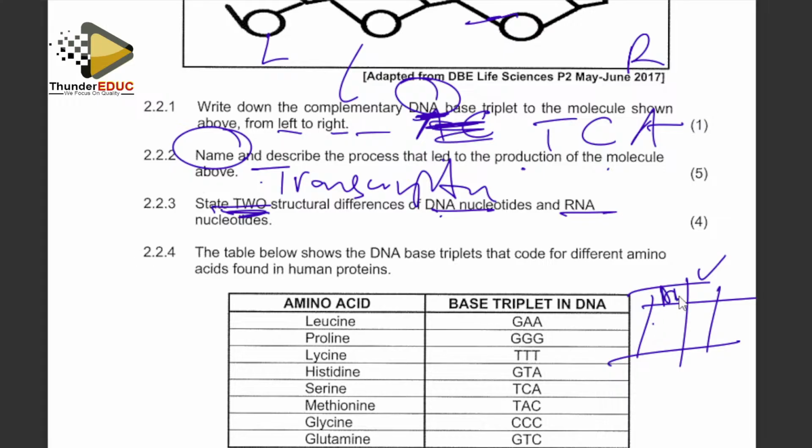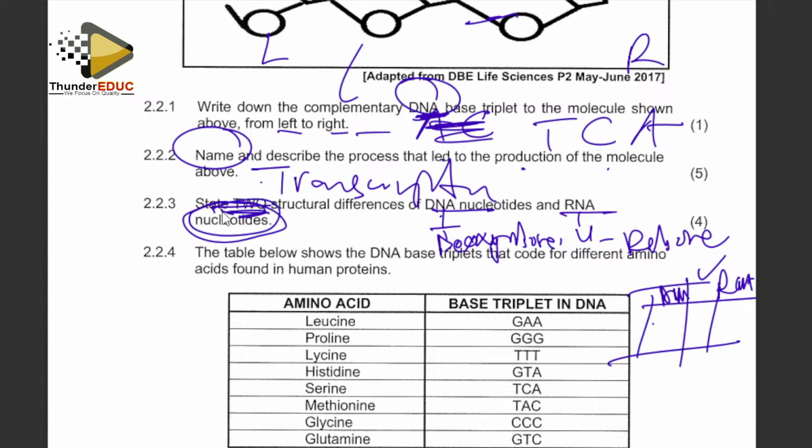So there are only two points you're supposed to talk about. Number 1, DNA has thymine, RNA has uracil. Number 2, DNA has deoxyribose sugar, RNA has ribose sugar. There is no other, because they said nucleotide. They didn't say the strand.